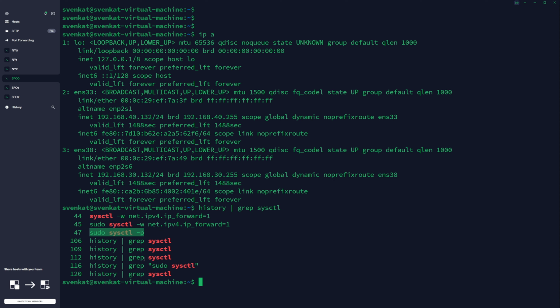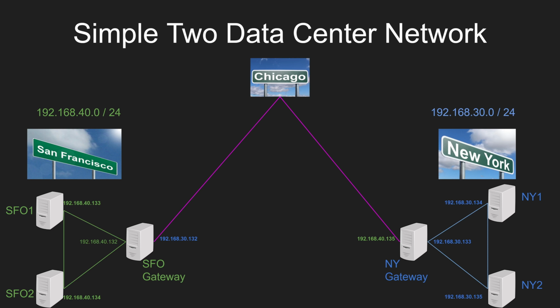So the IP forwarding is very, very important on these machines, and you don't have to do the IP forwarding on the other San Francisco 0 or 1 or New York 1 or New York 2 computers. You can do it only on the gateway computers that have multiple network interfaces on them.